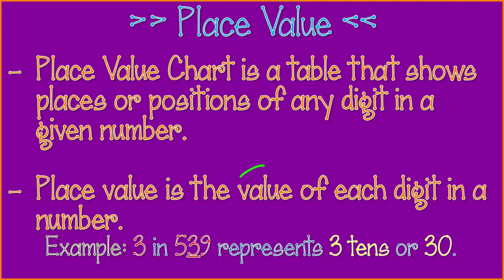Place value is the value of each digit in a number. For example, the digit 3 in 539 represents 3 tens or 30. The value of the digit 3 in 539 is 30.